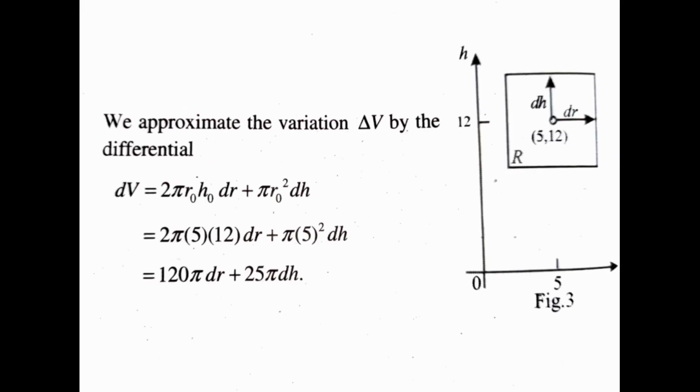The solution is as follows. Look at the figure. On the x-axis it is radius r and on the y-axis it is height h. We approximate the variation of delta V by the differential dV equal to 2 pi r0 h0 dr plus pi r0 square dh, that is equal to 2 pi into 5 into 12 dr plus pi into 5 square dh, that is equal to 120 pi dr plus 25 pi dh.